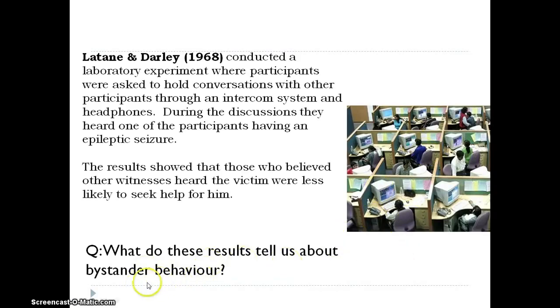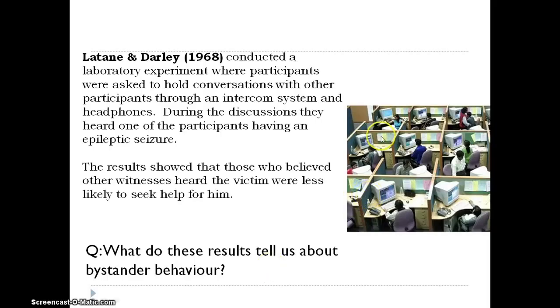So what does that tell us about bystander behaviour? It tells us that we can become ignorant to a situation. We can decide to ignore it if we think that other people are also ignoring it. That's known as pluralistic ignorance, and we'll get to that in some key terms.